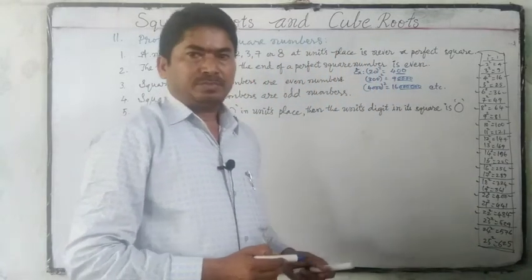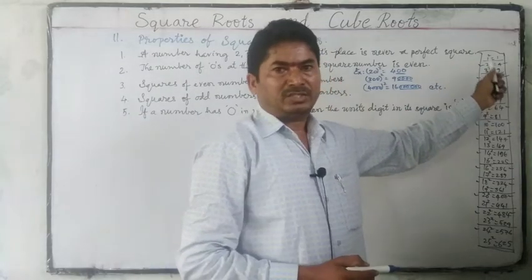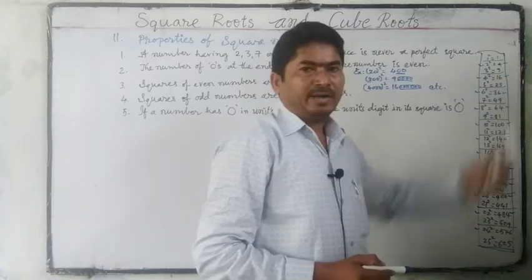We understood these are squares of odd numbers, always odd numbers only.